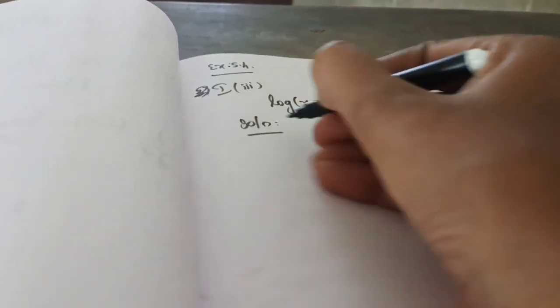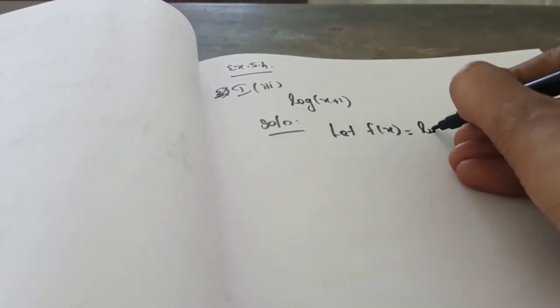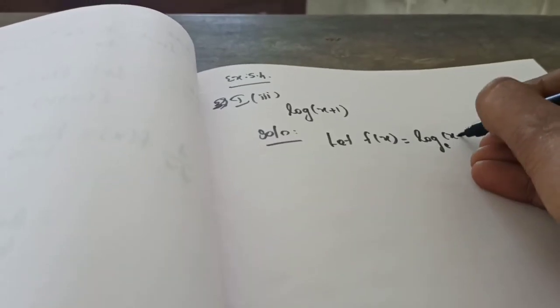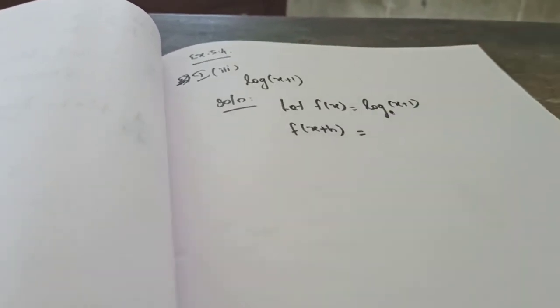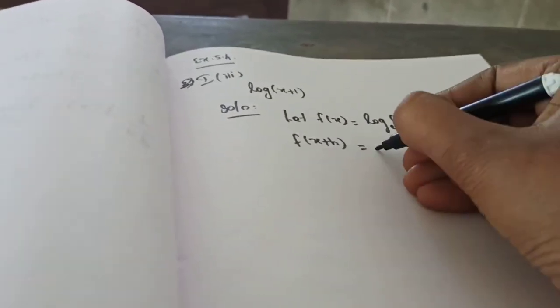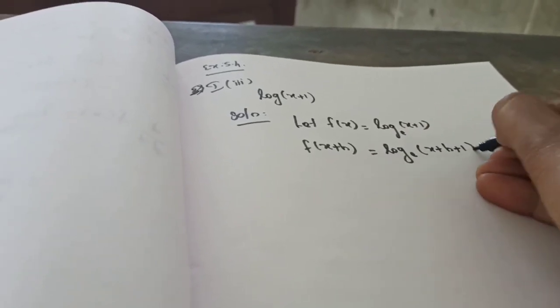The question is, we will differentiate using the first principle. So same as our example, what will you do first? Solution. Let f of x is equal to, what is f of x? Log, here there is no base, which means you will put the base e, of x plus 1. So f of x plus h, what will you get? In the place of x you will substitute x plus h. So what will happen? Log e of x plus h plus 1. Okay.